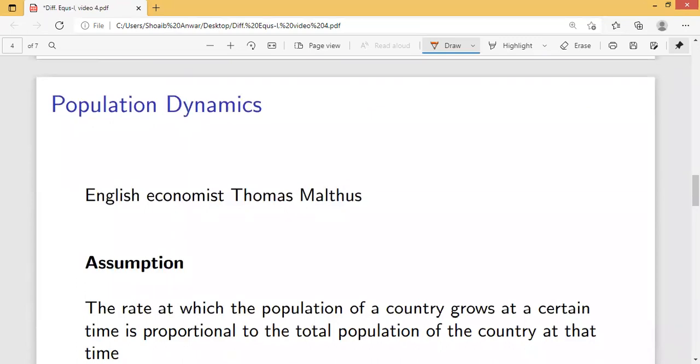Now we will discuss the basic population model that was introduced by the English economist Thomas Malthus. Thomas Malthus first introduced the mathematical model for population growth, and it is the basic population growth model that is usually used further to invent more advanced population growth models.